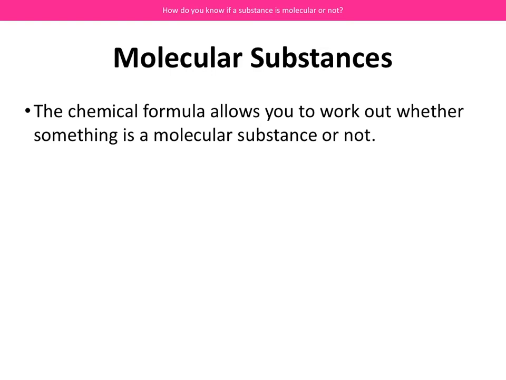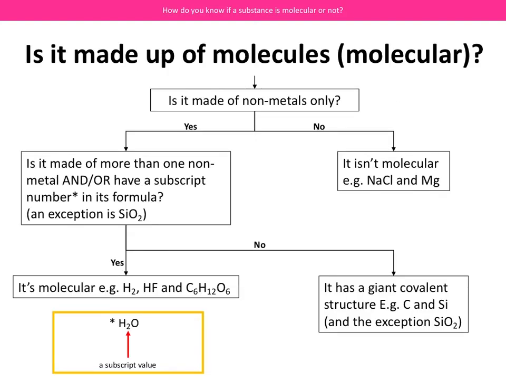Now, to know whether a substance is molecular, or made of molecules, there is a way of using the chemical formula. It's almost perfect, it will almost always work, and for the moment, it's absolutely fine. We can use the chemical formula, if we've been given it, to work out whether something is a molecular substance or not. Basically, it's a flow diagram of questions.